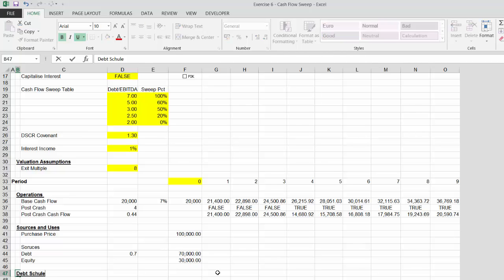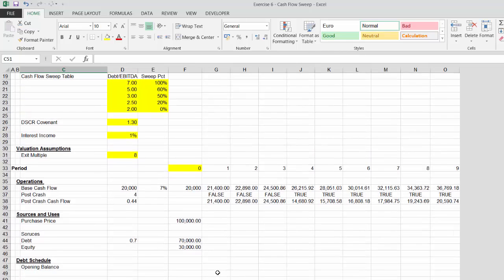Now let's put the debt schedule. And let's put the opening balance. And then let's take away the scheduled debt. And let's take away the cash sweep.